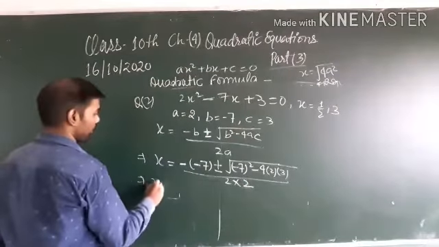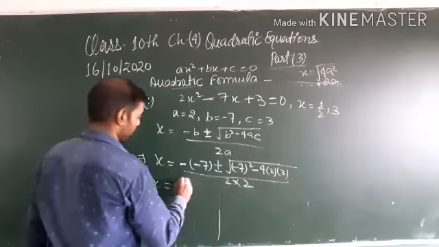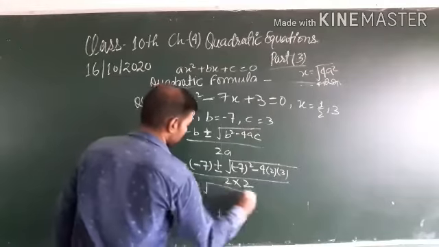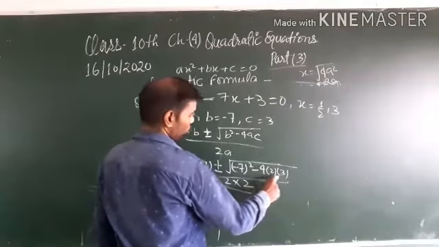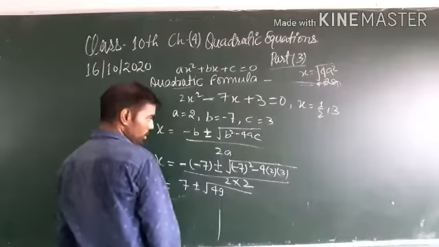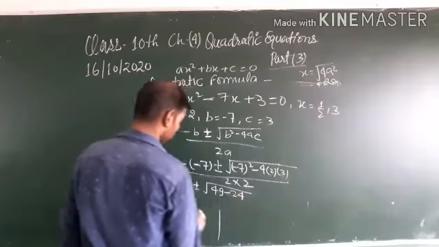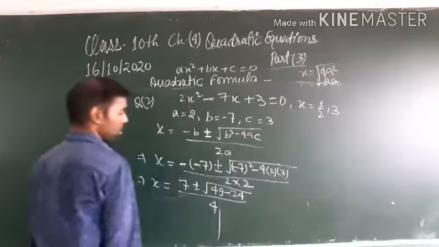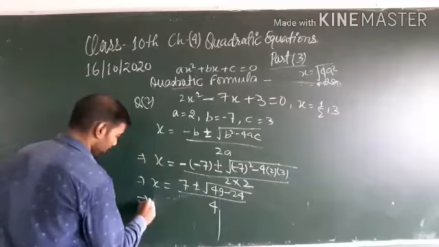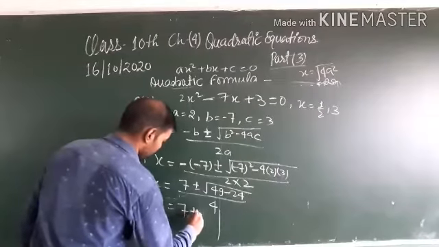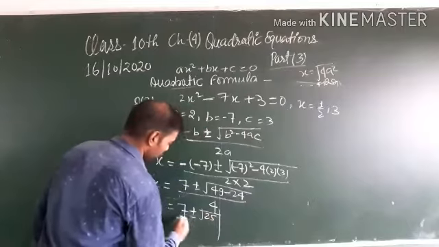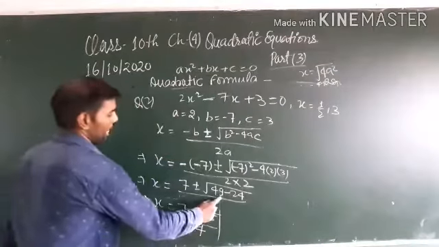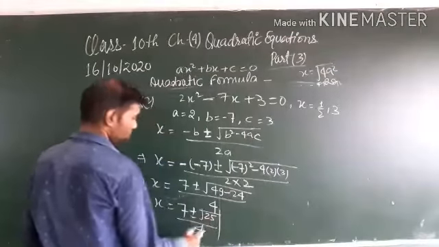So the value of x is equal to minus into minus, that is plus 7, plus minus square root of 7 square is 49, and 4 3s are 12, 12 2s are 24, upon 4. Now the value of x is equal to 7 plus minus square root of 49 minus 24, which is 25, upon 4.